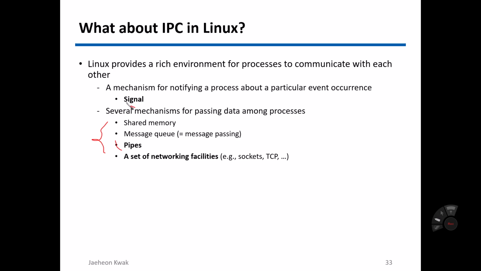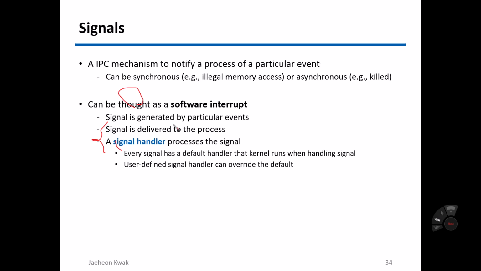However, through a signal, we can send only one integer value. By sending this one integer value, we notify a process of a particular event. So signals can be thought of as a software interrupt. The signal will be generated by a particular event and will be delivered to the process.